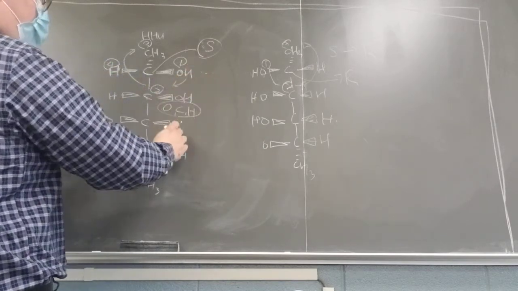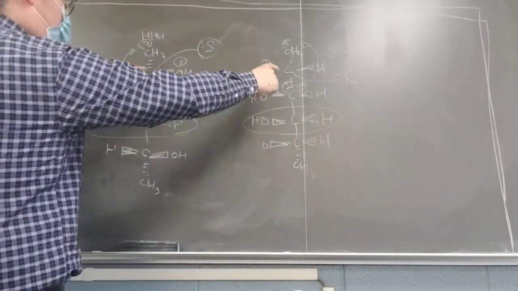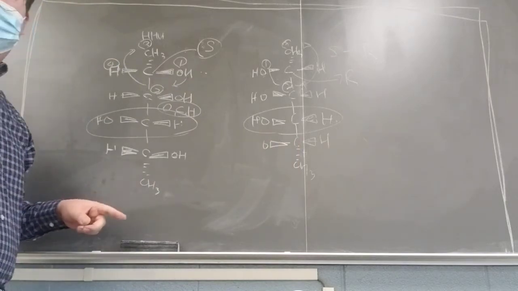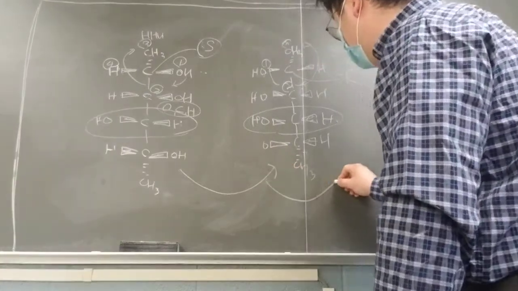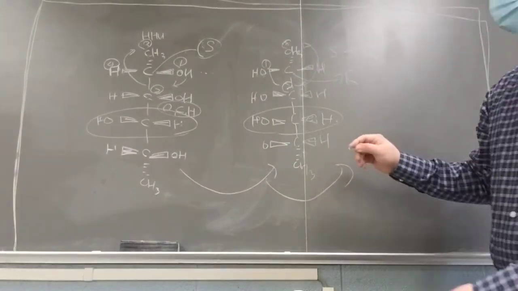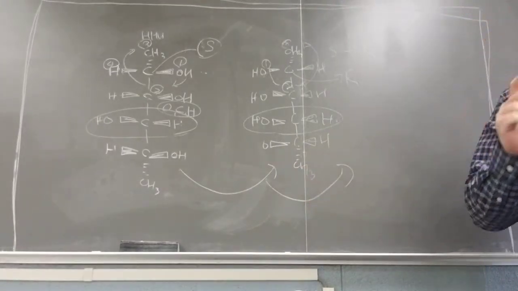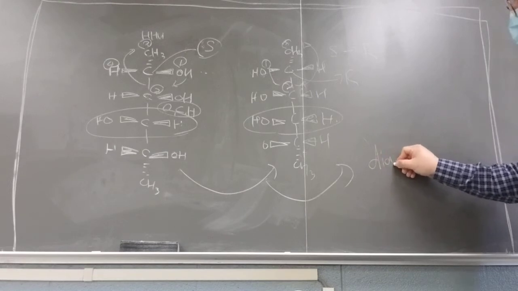This is only the same part here, but those chiral centers should be different, right? So in this case, this is only saying that all three are different, right? So in this case, we're going to call these diastereoisomers.